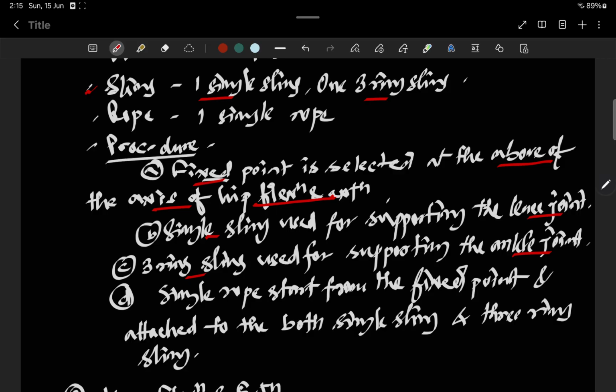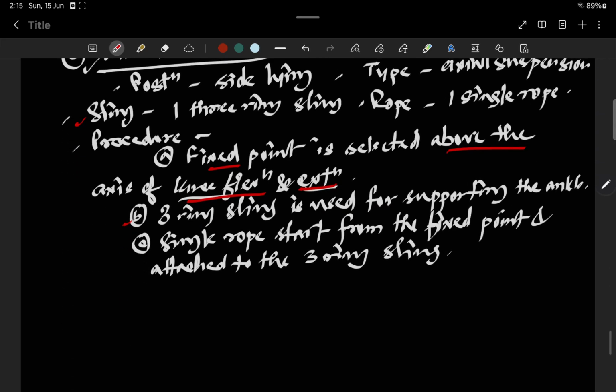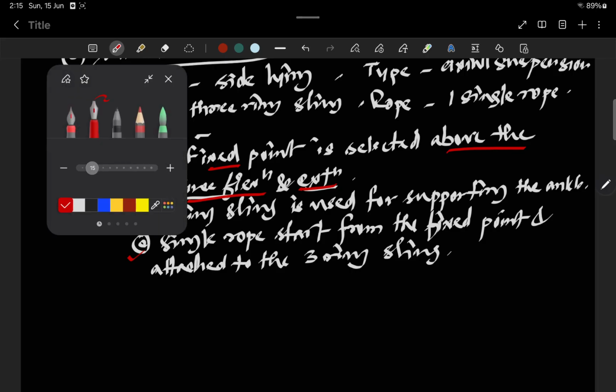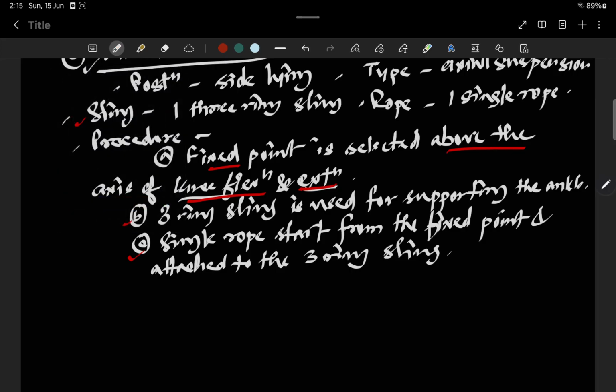One single rope starts from the fixed point and attaches to both the single sling and three ring sling. Here the single rope starts from the fixed point and attaches to the three ring sling only, because here there is only a three ring sling. Okay, so that's how the writing should be.